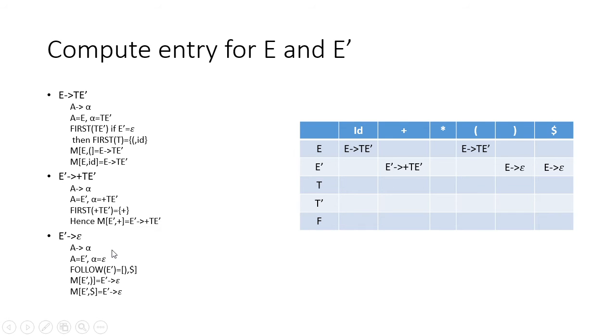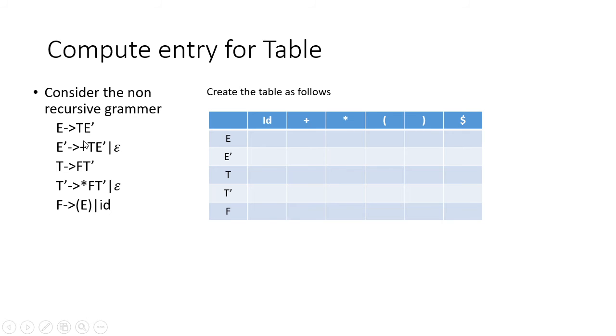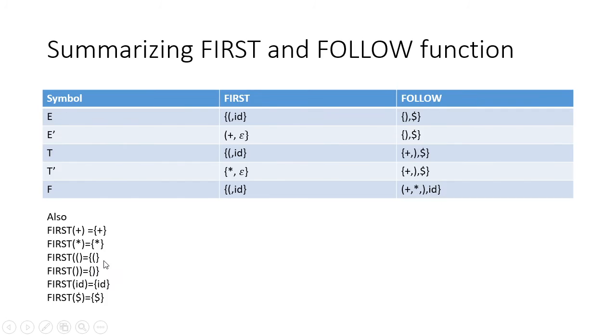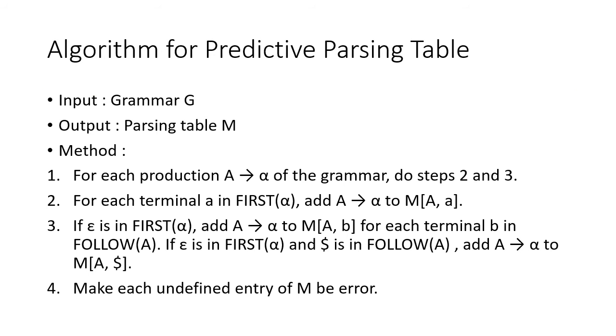Then we have another production, E dash derives epsilon. So again, E dash derives epsilon means the same thing: A derives E dash alpha, where this alpha is epsilon. Now let's look at the rule again.